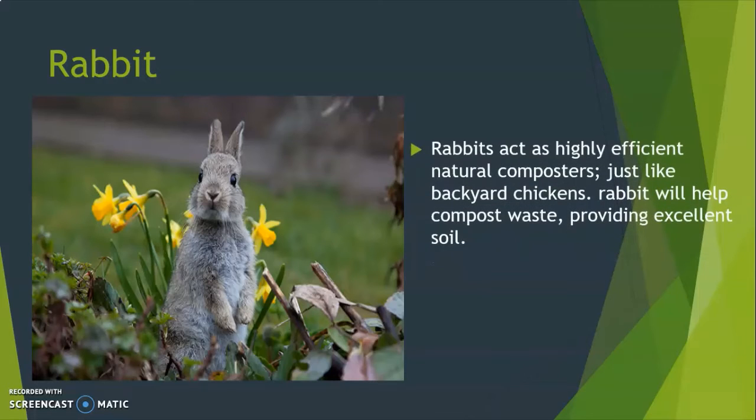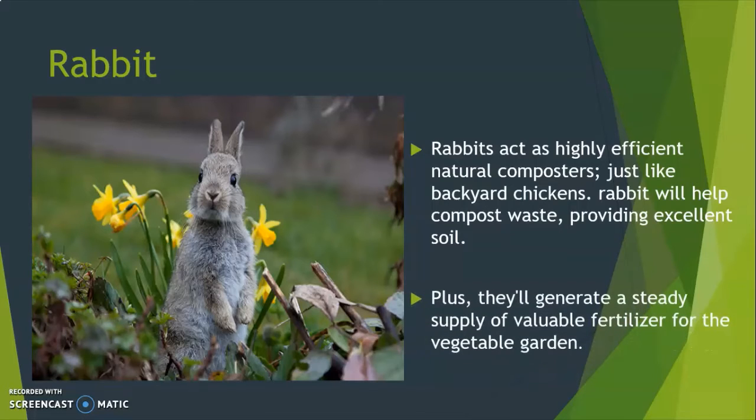Now, rabbits act as highly efficient natural composters, just like backyard chickens. Rabbits will help compost waste, provide excellent soil, and generate a steady supply of valuable fertilizer for the vegetable garden. So that is the role of the rabbit in our garden.